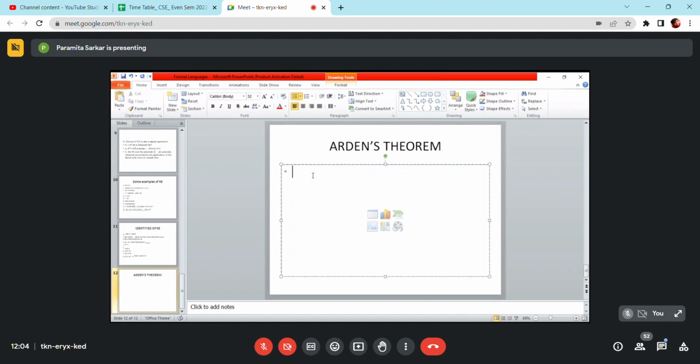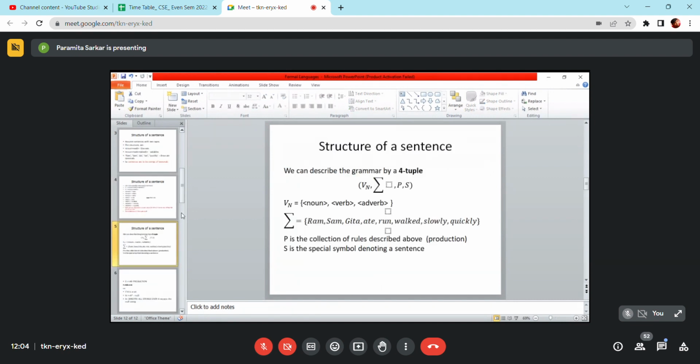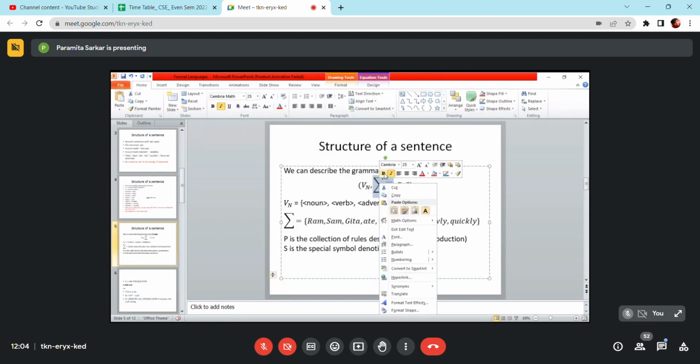In Arden's theorem, we take two regular expressions P and Q. Let P and Q be two regular expressions over sigma.